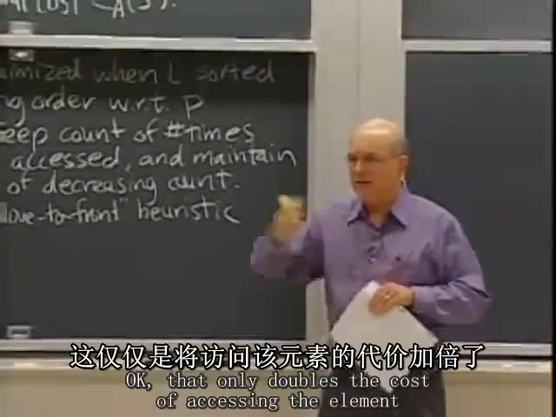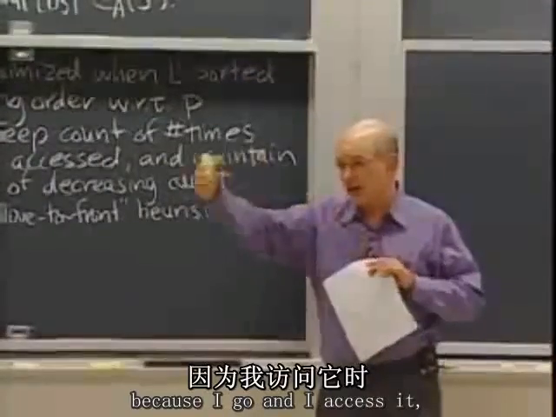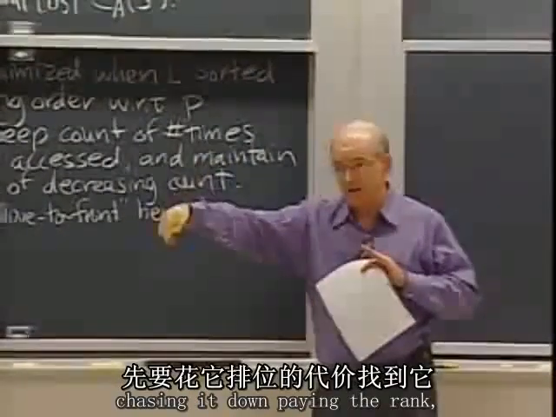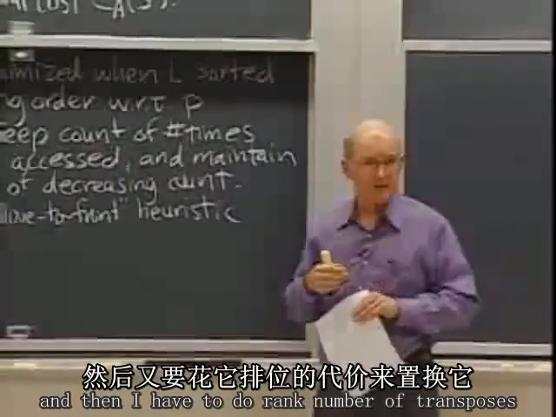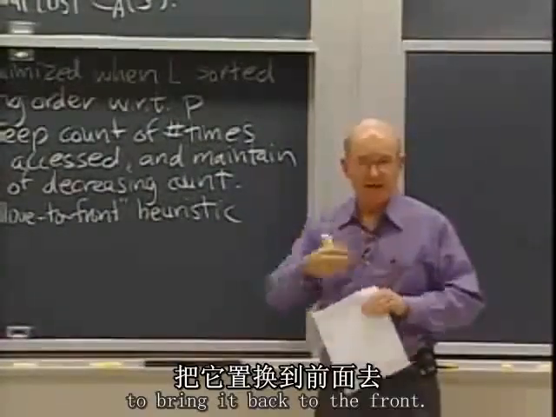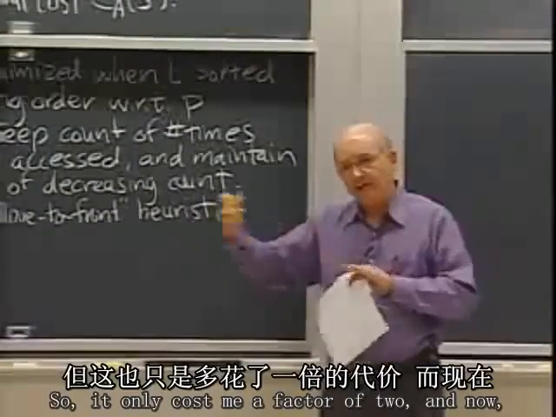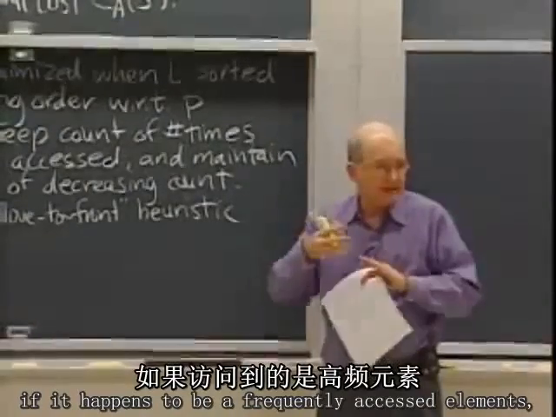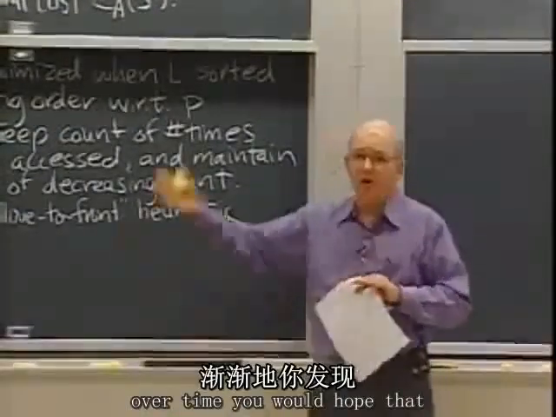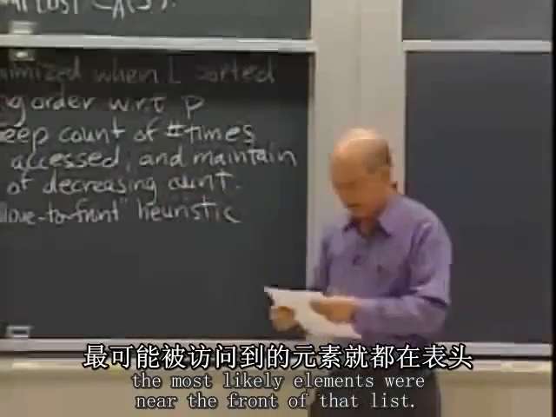That only doubles the cost of accessing the element, because I go and I access it, chasing down, paying the rank, and then I have to do rank number of transposes to bring it back to the front. So it only costs me a factor of 2, and now if it happens to be a frequently accessed element, over time you'd hope that the most likely elements were near the front of that list.